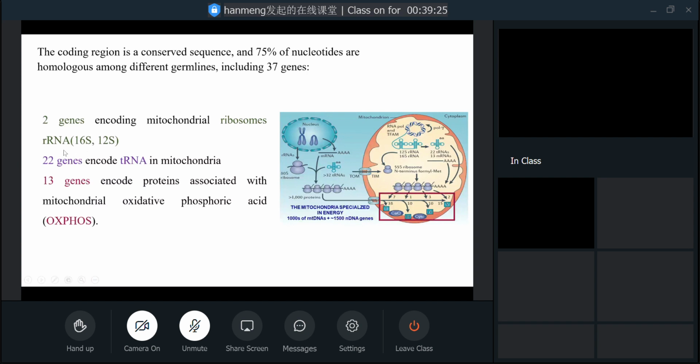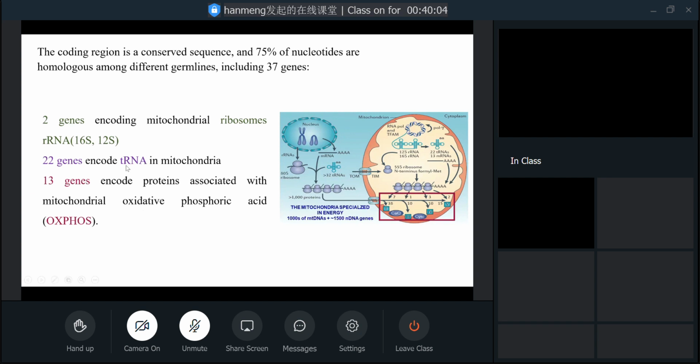And 22 genes encode the transfer RNA in mitochondria. And the last 13 genes encode the proteins associated with the mitochondrial oxidative phosphorylation, the OXPHOS system. It is the main function of the mitochondria.